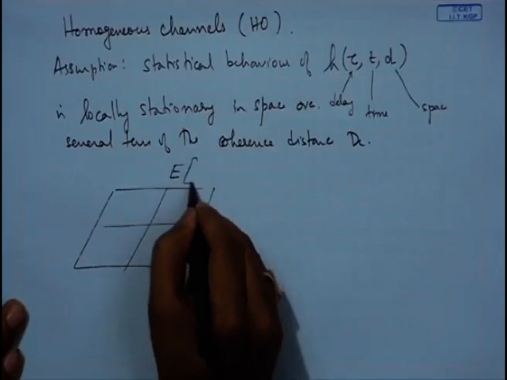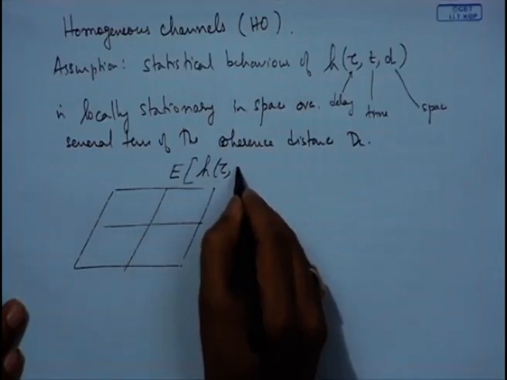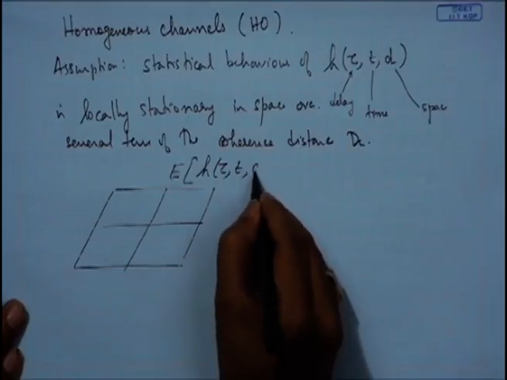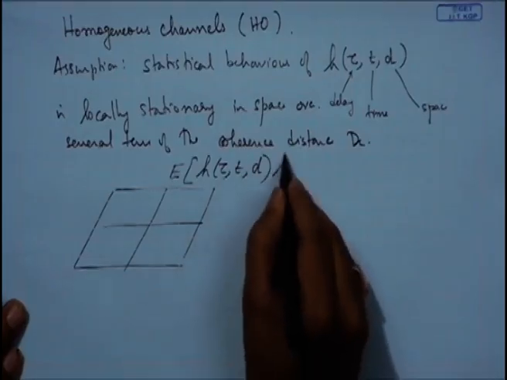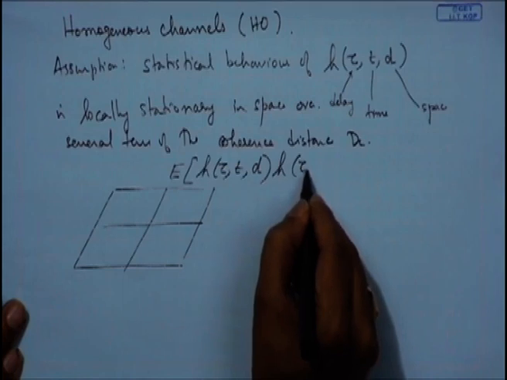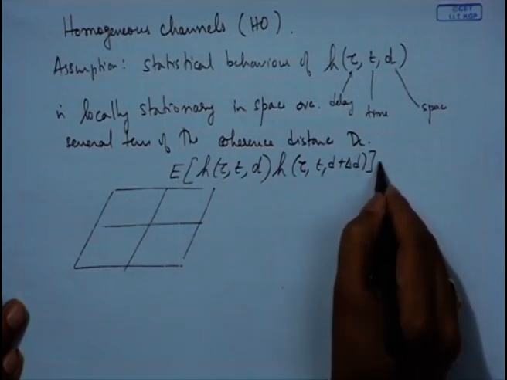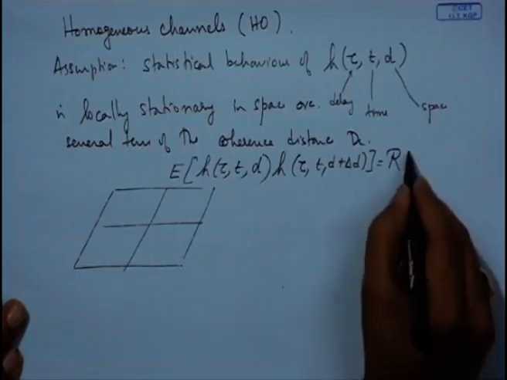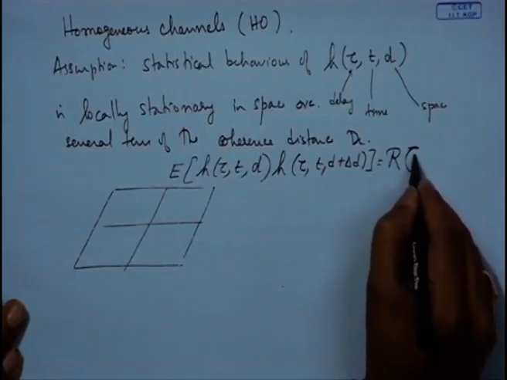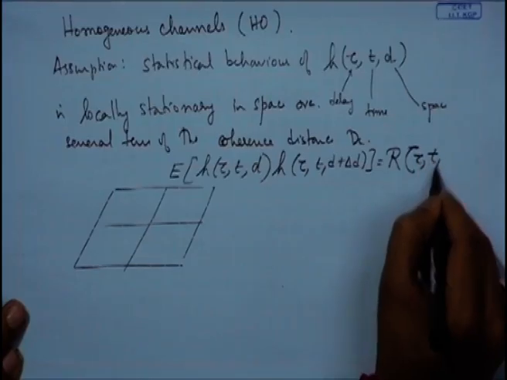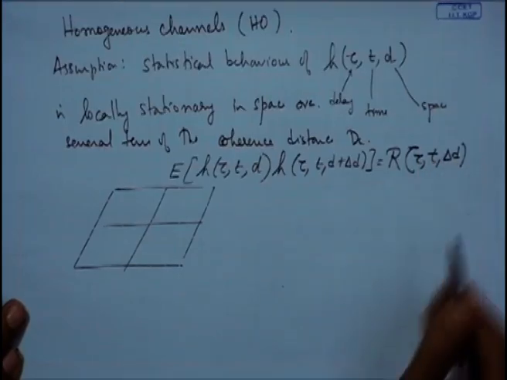the form that E of h of tau, t, d and h of tau, t, d plus delta d is equal to the correlation function, which is a function of tau, t and delta d and not of d.